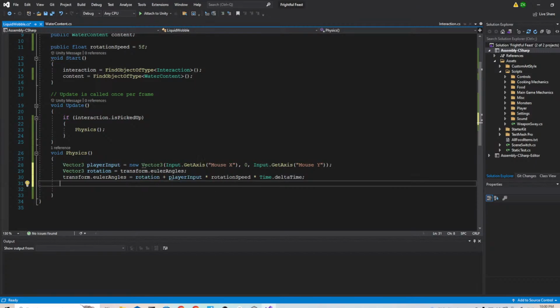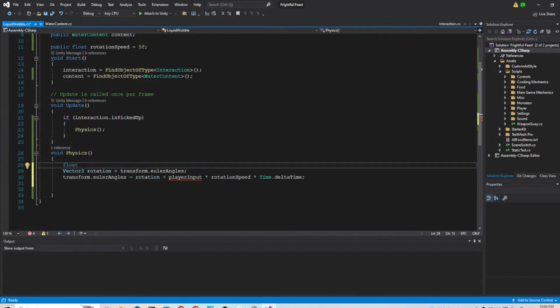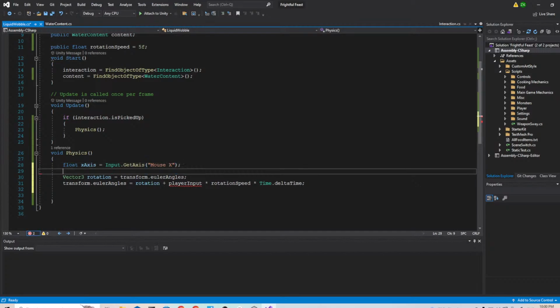Okay, so the only way I know how to do this: float x-axis is equal to Input.GetAxis("Mouse X"), float y-axis is equal to Input.GetAxis("Mouse Y").